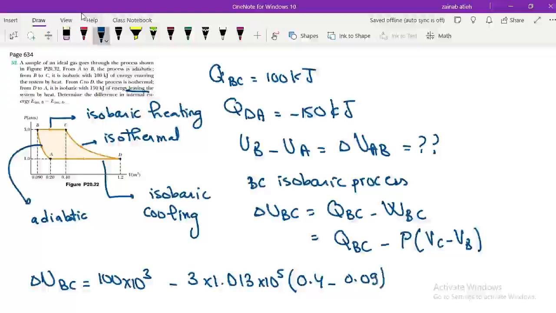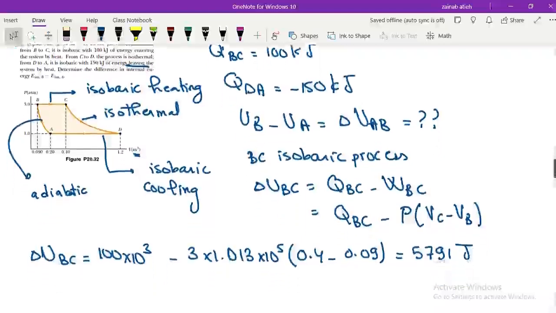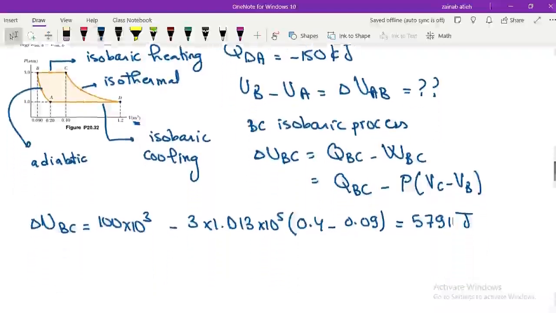Don't forget to look at the axis, you have meter cube, it is in SI unit, no need to change. Calculating this, we will get 5791 joule, and this is delta UBC. Let's move now to CD. Now CD is an isothermal process.